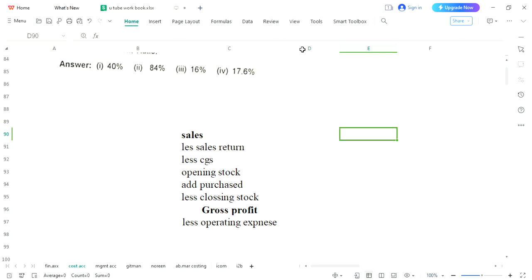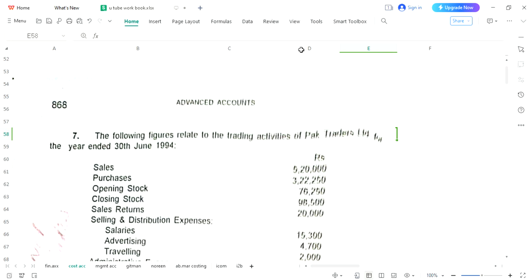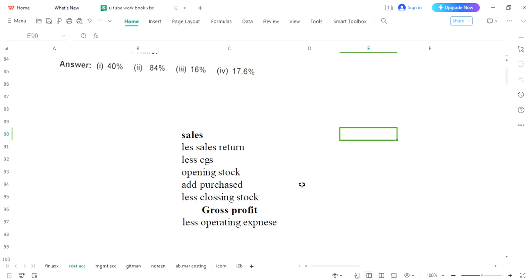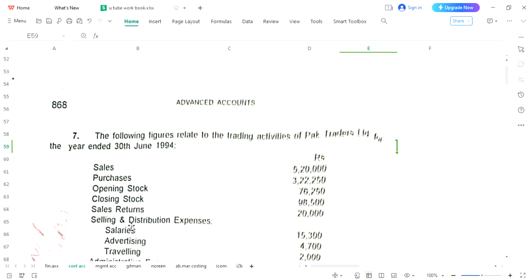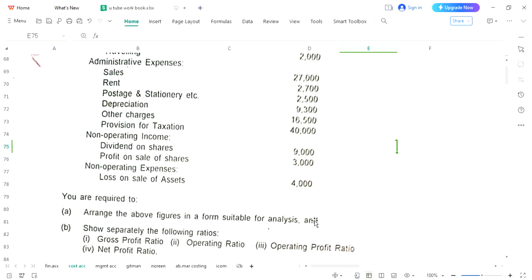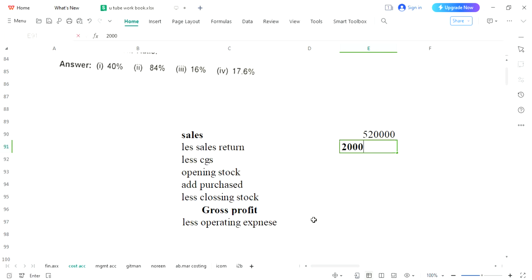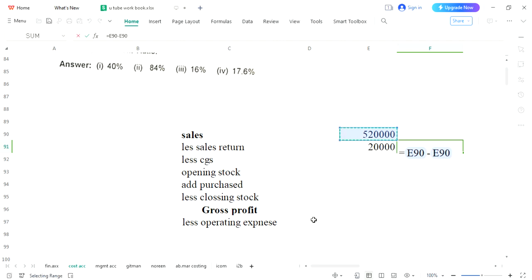One thing is good luck for us, because everything is written according to our proforma. First sales 5,20,000, just put over here, and then sales return, which is 20,000, so let's put 20,000 over here.